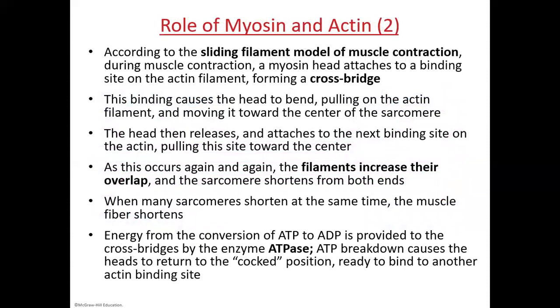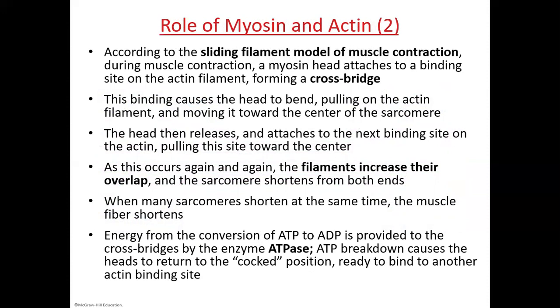Okay, so this part is a little bit complex, so just try to memorize the order of the steps. This is Nobel Prize winning work that took many scientists many years to figure out how these muscles physically get shorter. The model we're working on is called the sliding filament model.